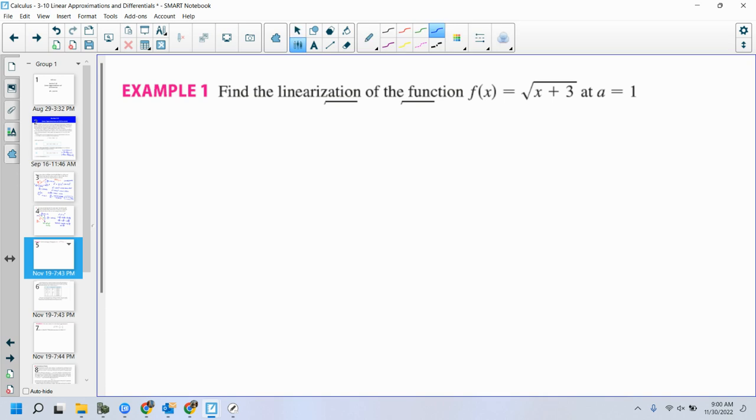Now, the linearization of that function, we can compute by saying, well, L of x is equal to, I go back to that formula, f of a plus f prime of a times x minus a. We just have to figure out what all those things are.